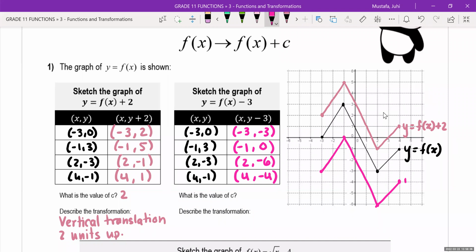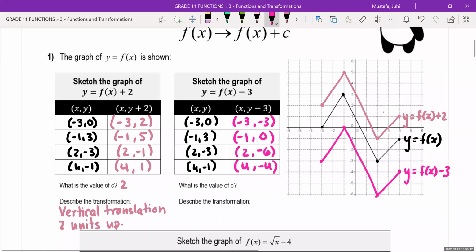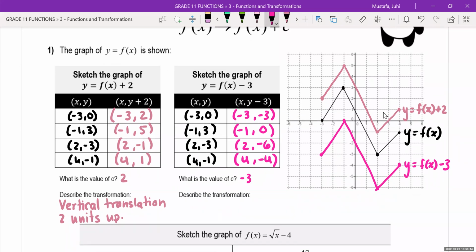And then we're going to label this y is equal to f of x minus 3. The value of c is negative 3, and the way we would describe this is it is a vertical translation 3 units down.